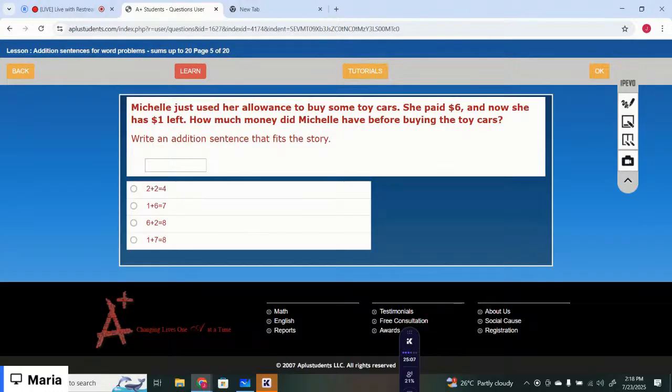How much money did Mitchell have before buying the toy cars? So 1 plus 6 equals 7. Option number 2 is the correct option.